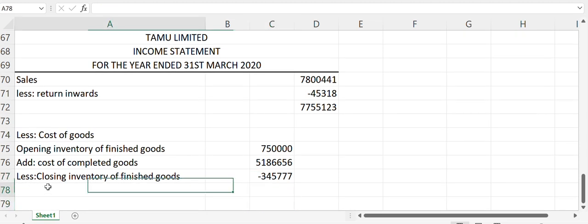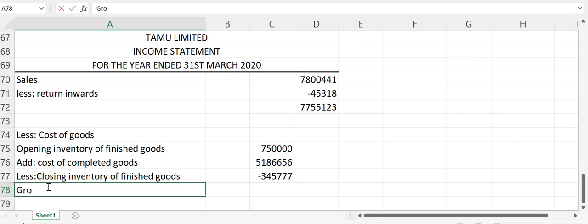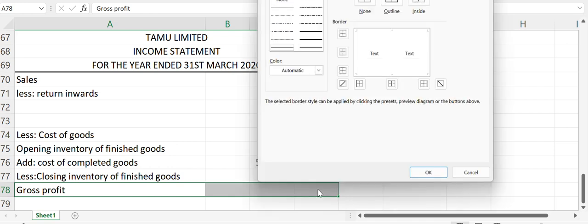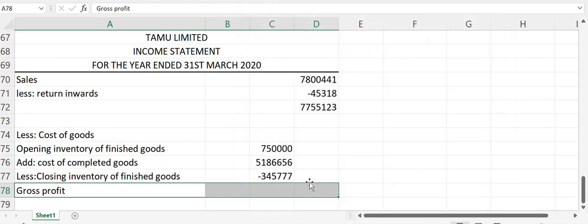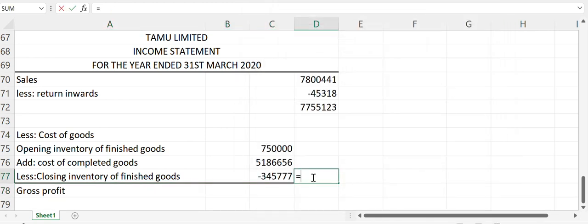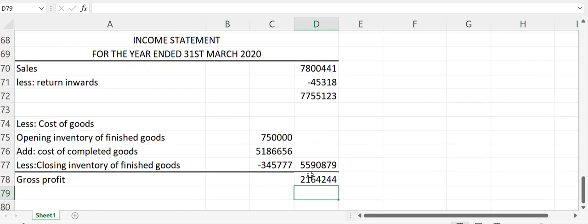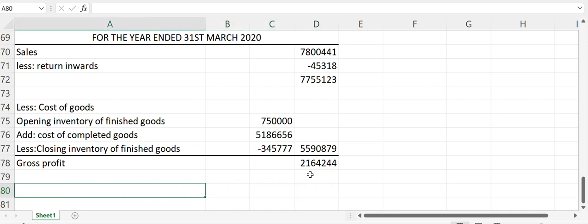So to get the gross profit, we add that. So gross profit will be that minus that. So that's our gross profit. So we check whether we have other incomes.